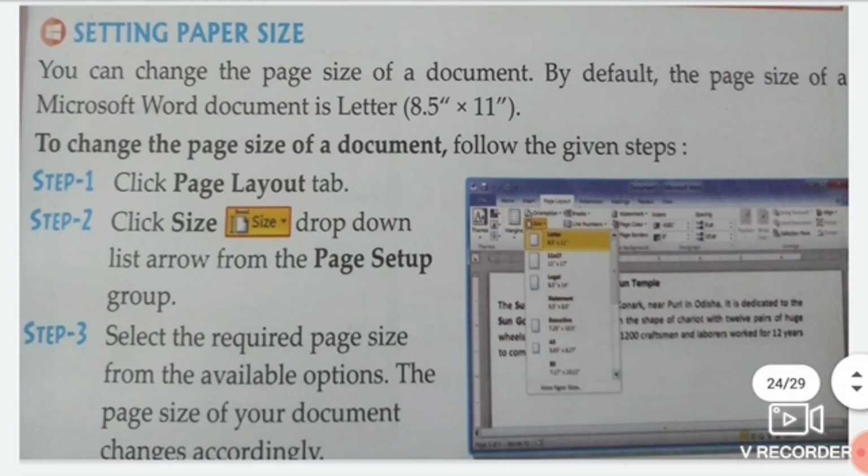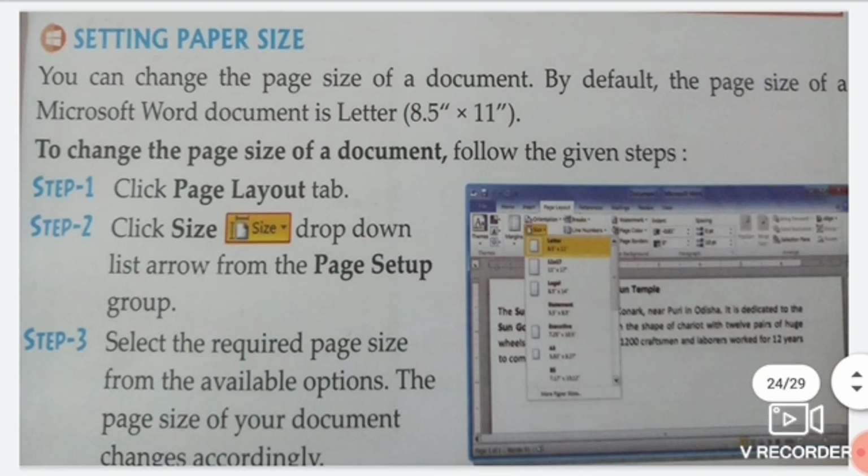Setting paper size. You can change the paper size of the document. By default, the paper size in Microsoft Word is letter size, which comes as 8.5 inch by 11 inch, according to your Word 2010. To change the page size of the document, we need to follow some steps.